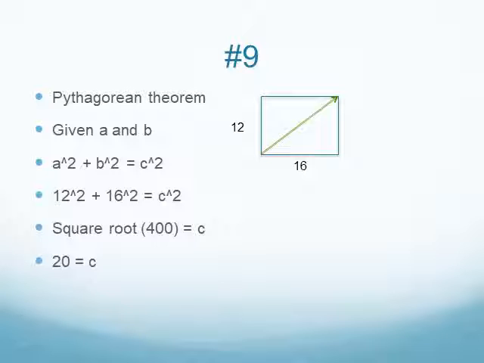So you take the square root of both sides. The square root of C squared is C, and the square root of 400 gives you 20. 20 would be your C, your length, your hypotenuse, the green line, the hose stretching across your rectangular garden bed. Now, half of this problem is figuring that out, and the other half of the points are going to be the units.